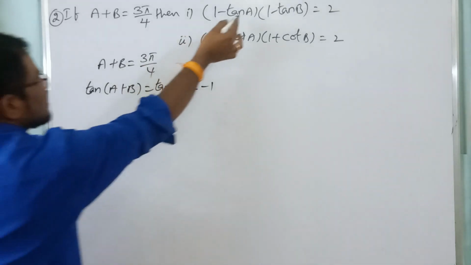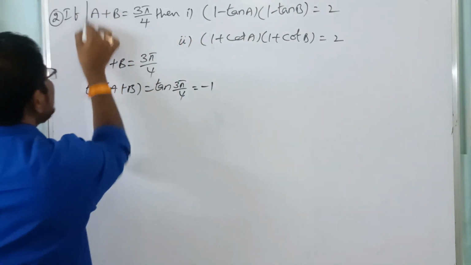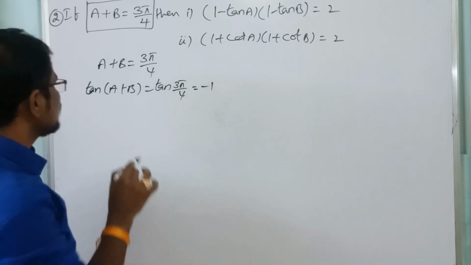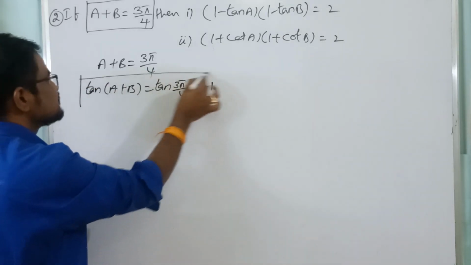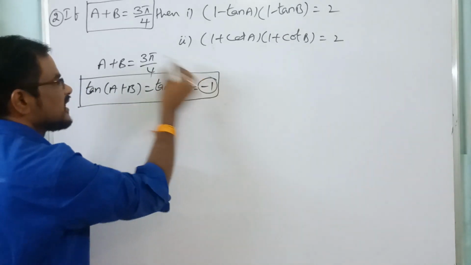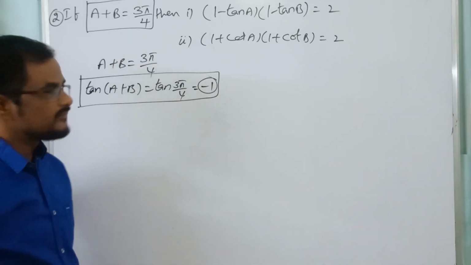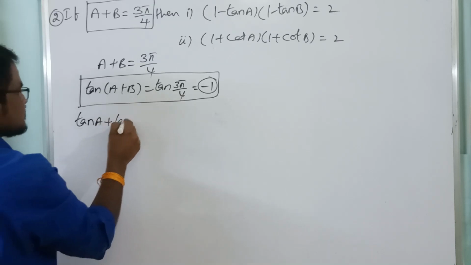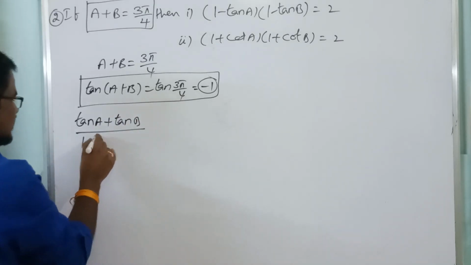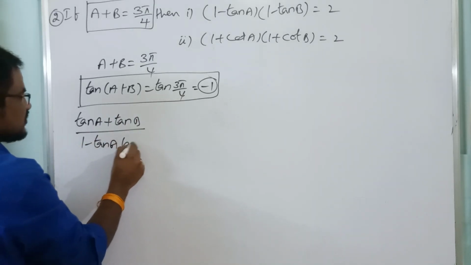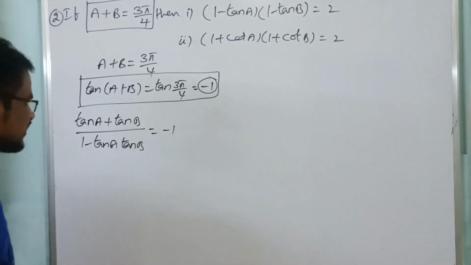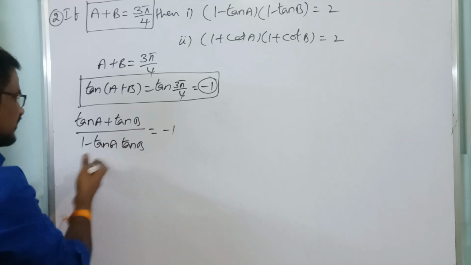So this condition is not only for A plus B equal to 3 pi by 4; it is also true that tan of A plus B equals minus 1. Now, tan A plus tan B divided by 1 minus tan A tan B equals minus 1 on the right side. Here it is the same as the previous problem.